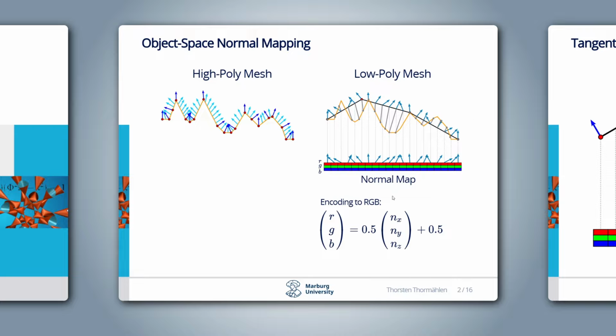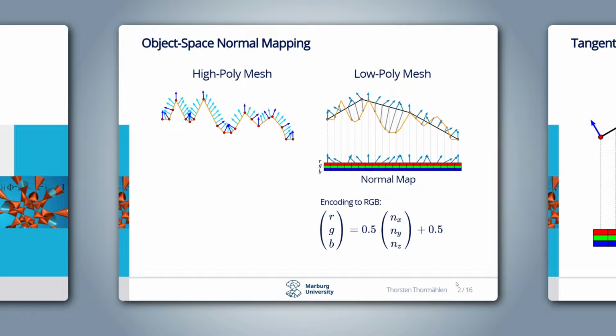However, we need to take care because the x, y and z coordinates of the normal are in the range from -1 to 1, and we can store only values from 0 to 1 in the RGB color channels of the normal map. Therefore, we multiply by 0.5 to go from the range -1, 1 to -0.5, 0.5. Then we add 0.5 and are in the range from 0 to 1.